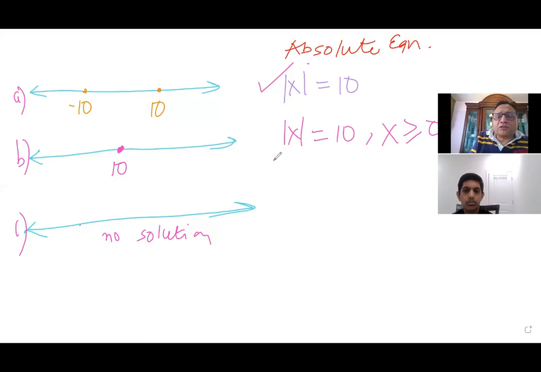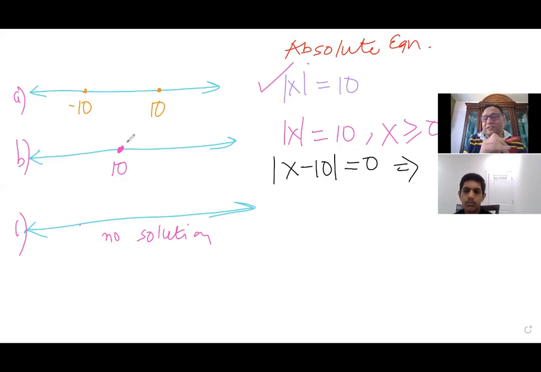Absolute value of x minus 10 is equal to 0. If I have this equation, can you tell me how you will solve it and what the solution will be? Since the absolute value of 0 is 0, it's x minus 10 equals 0, and you add 10 to both sides, and you get 10.